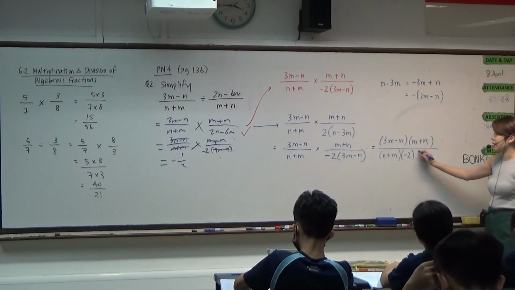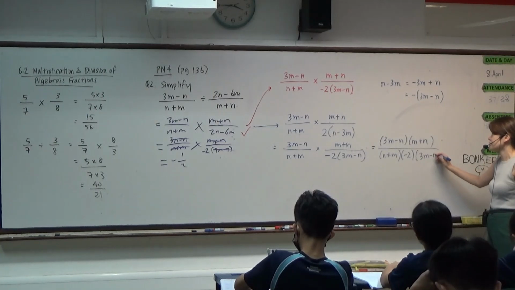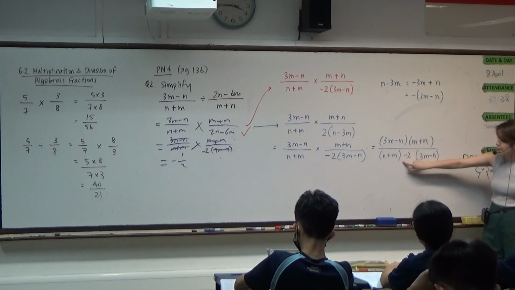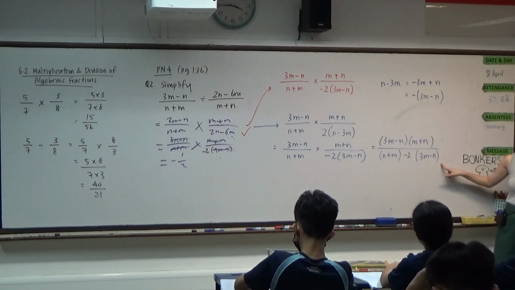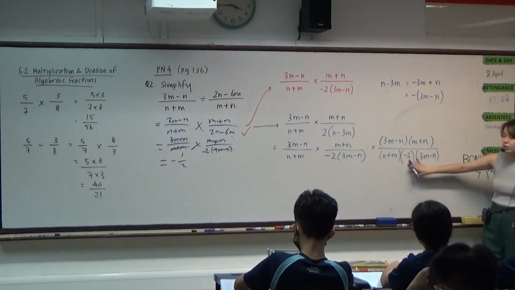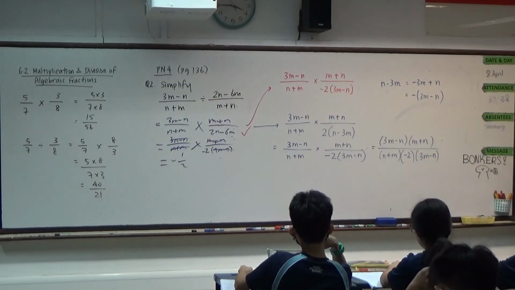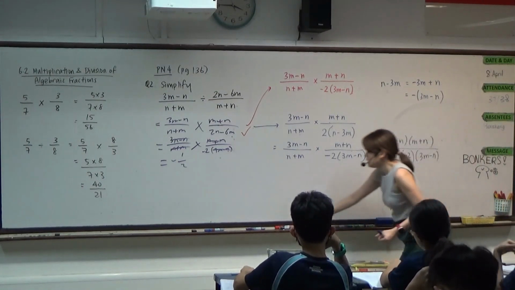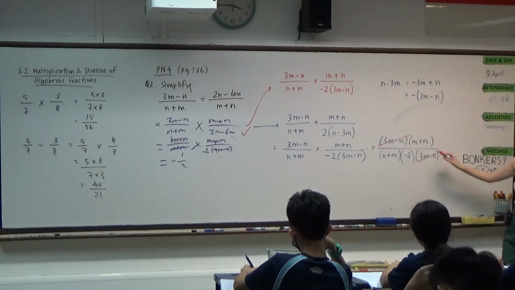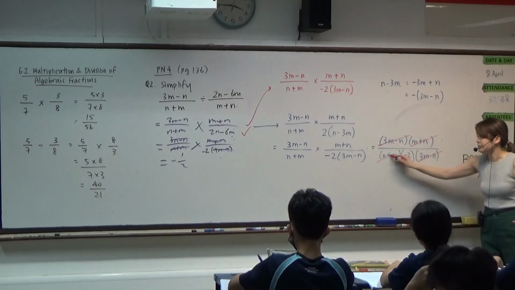If you don't have the brackets, it means an entirely different thing. Without the brackets, it means n plus m minus 2 times 3m minus n, while having the brackets means it is multiplying 3 parts. Then we can cancel away the 3m minus n, 3m minus n, m plus n, n plus m.